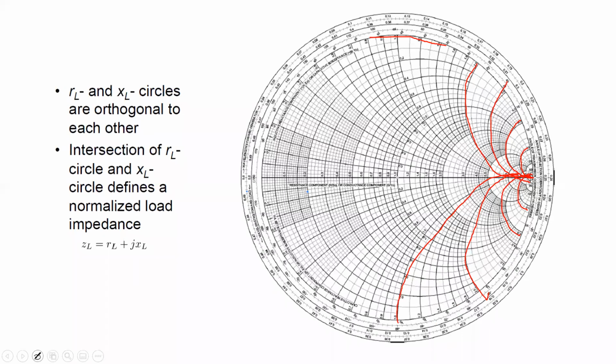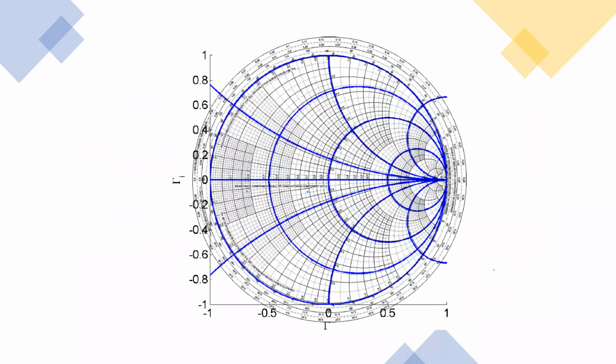Now we have two things. The red ones we have marked are the reactance circles, and this is the resistance circles. Along this line, the resistance will be constant. Along this line, the reactance will be constant. There are two things to be noted down.